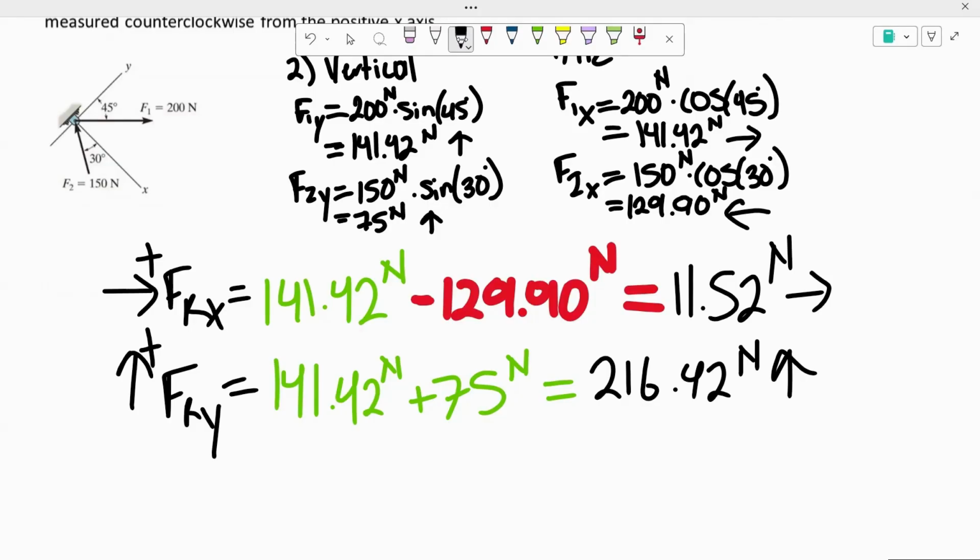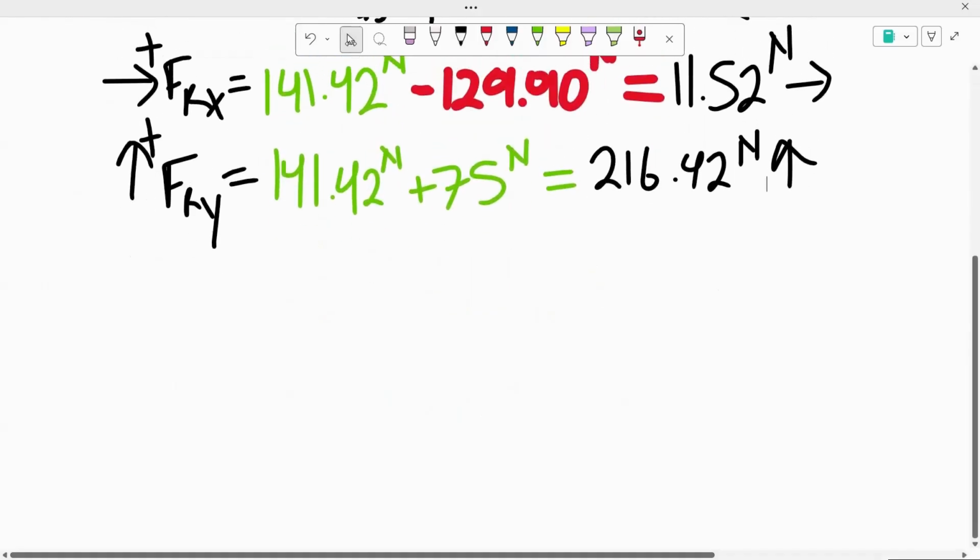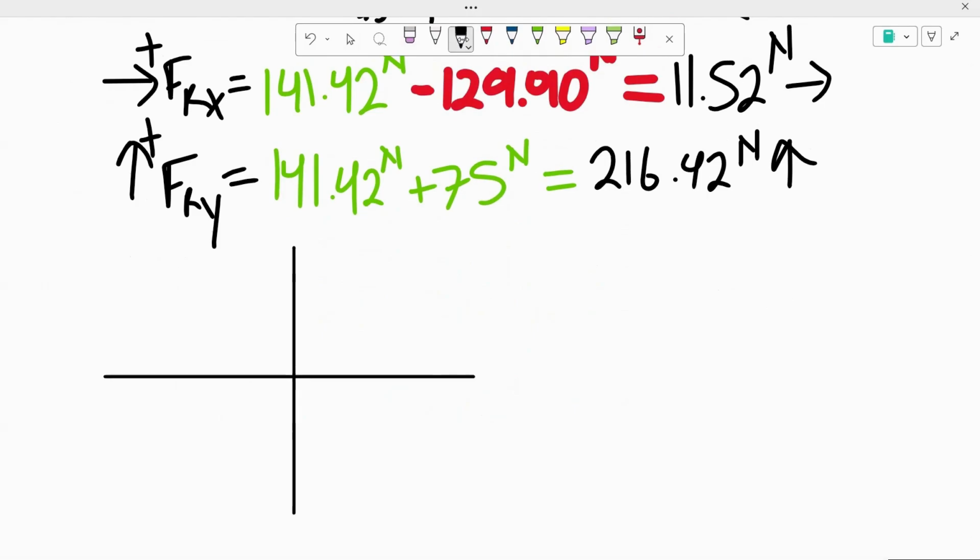So now that we found our net horizontal and net vertical, what we're going to do is sketch it out to help us determine the magnitude of our resultant force. So we're going to draw our y-axis and our x-axis.